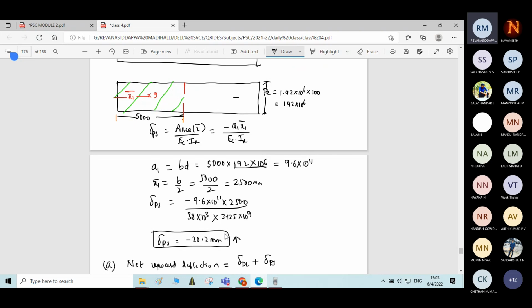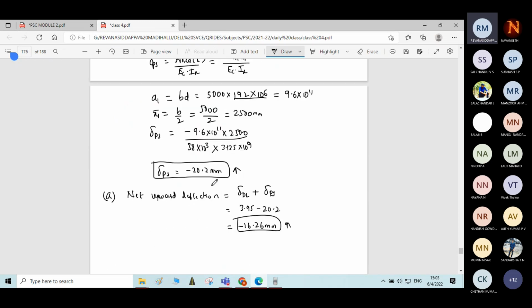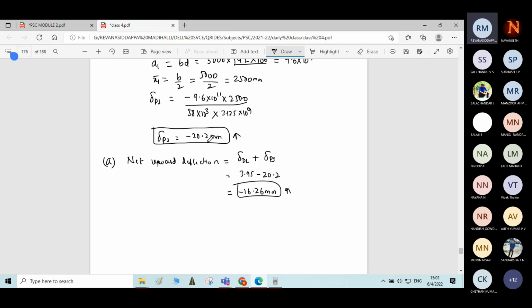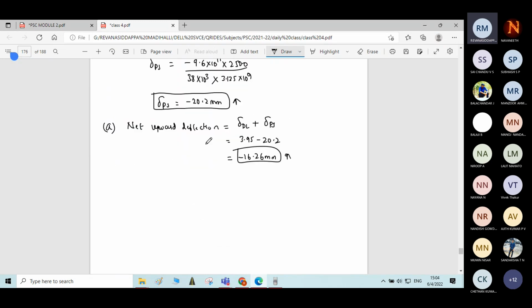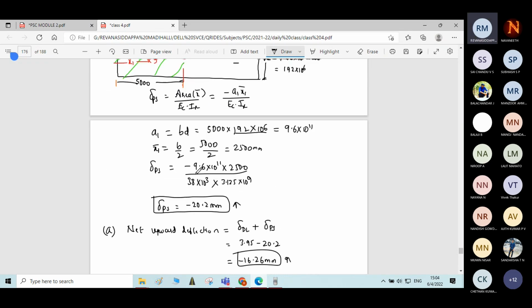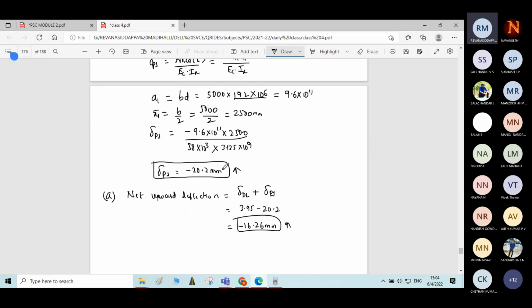When you reduce this prestressing force by 20%, that is for 80% of this force, the deflection will also reduce by 20%. You will get the deflection due to prestress as 80% of the obtained value, that is 20.2 mm. So instead of calculating once again, reduce this value by 20%. For 80% of the value you calculate, that will be the answer.